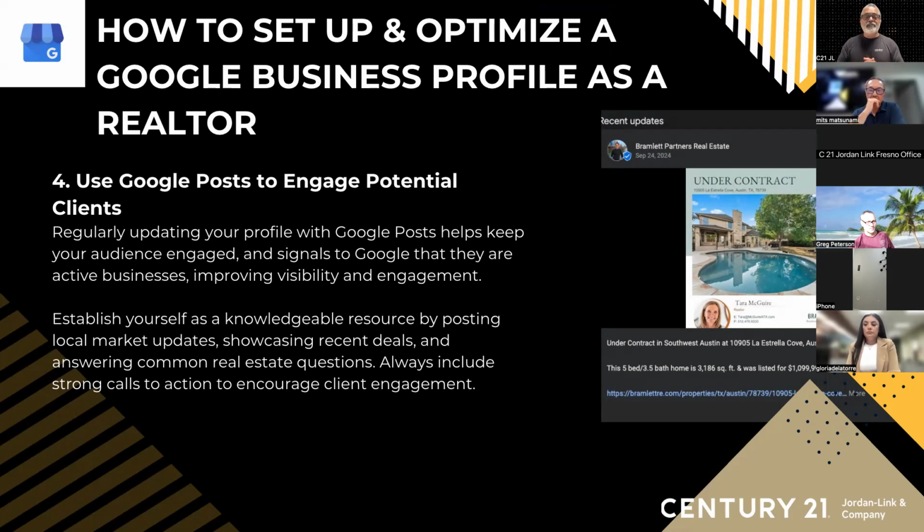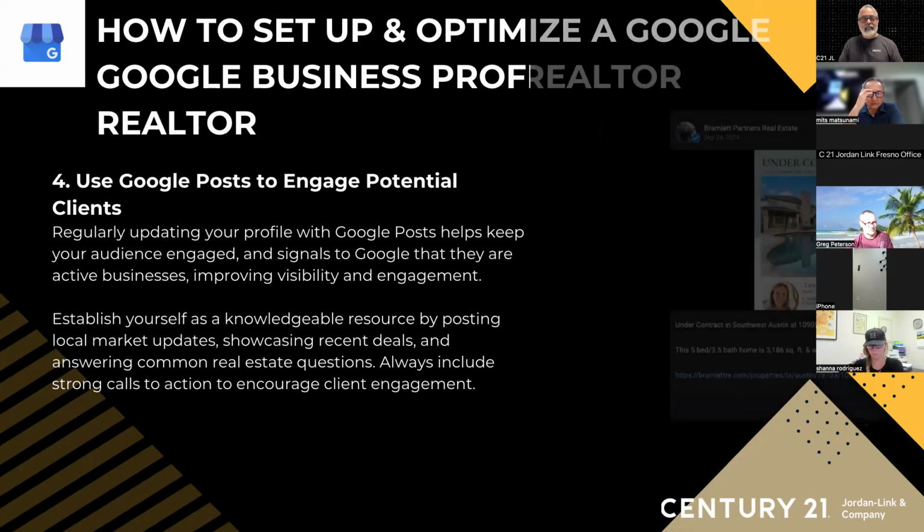Well, you could start at the same time adding those images to your Google My Business account, uploading photos into that, and then maybe creating a simple post. Hey, check out this brand new listing located at this address, and add a few descriptions copied and pasted from your MLS description, add that image, and now you've got a post on Google that instantly hits Google, not having to worry about getting indexed throughout the system.